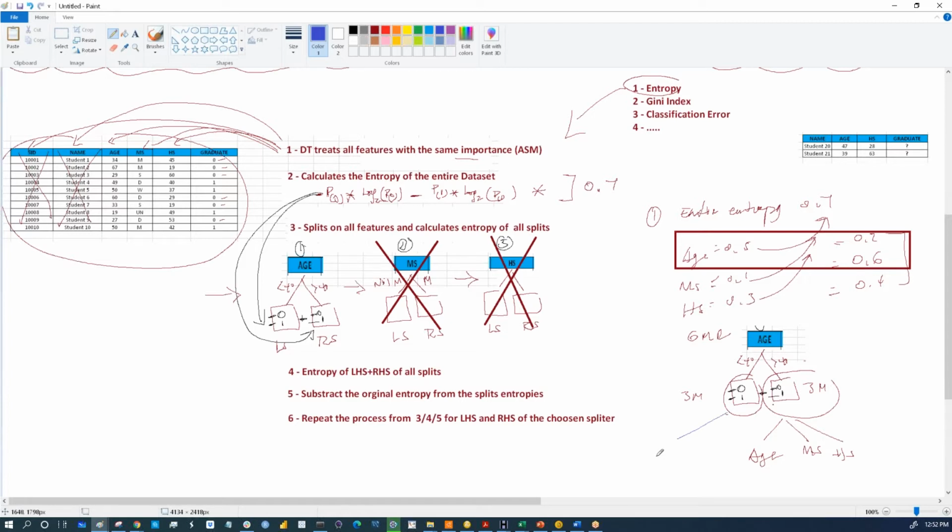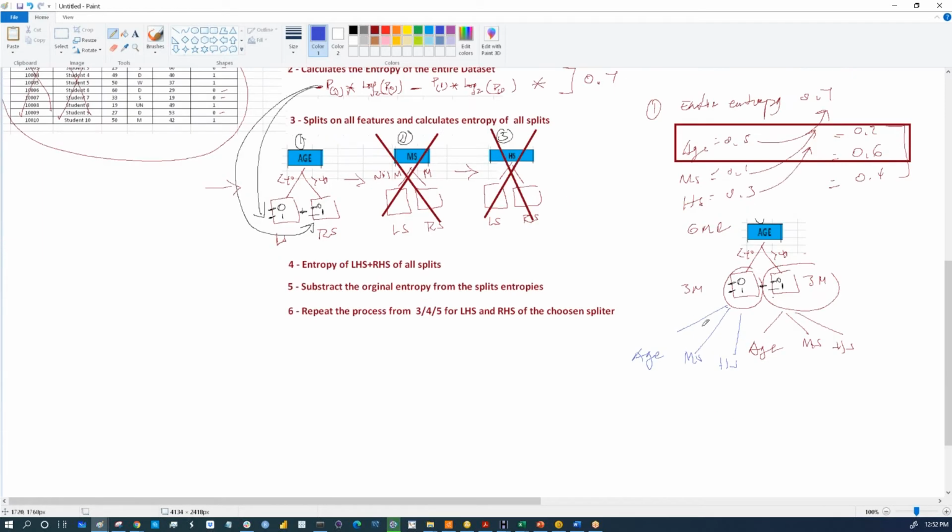Can you tell me? Same thing: age, marital status, and hour spent. Age is already finalized as the splitter, so do we need to take age again? Yes, it does it again, for all of the features.